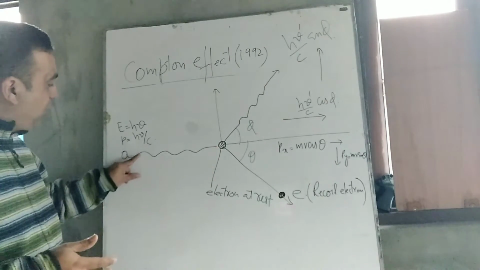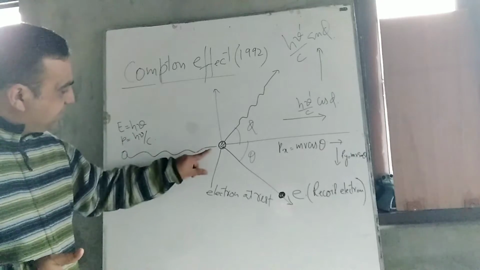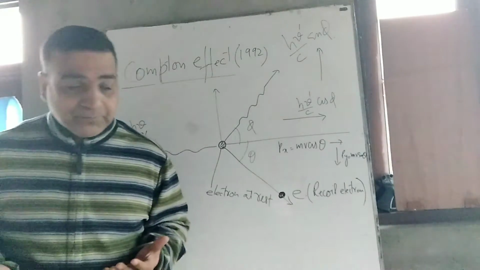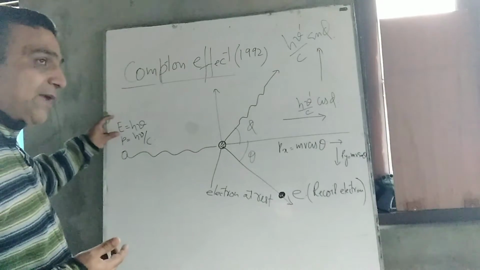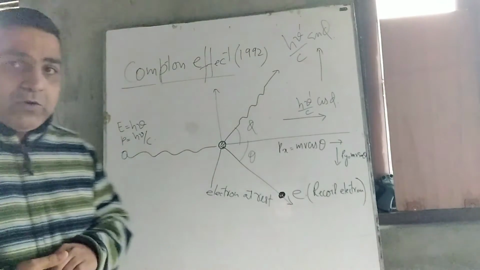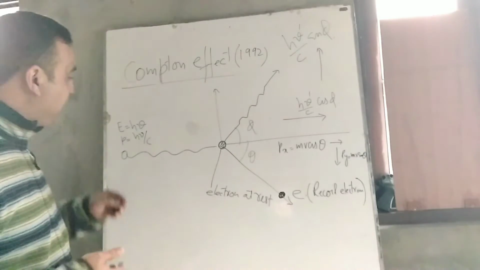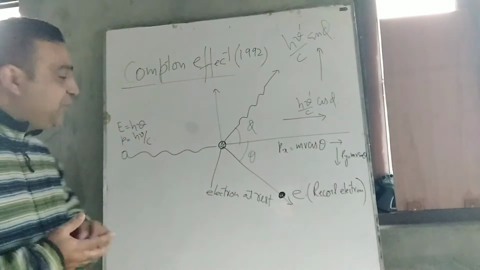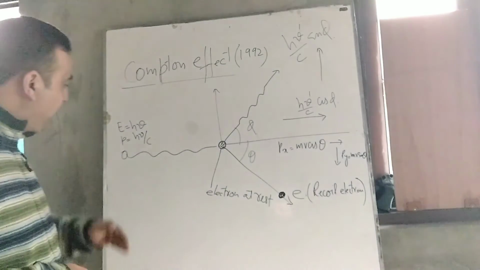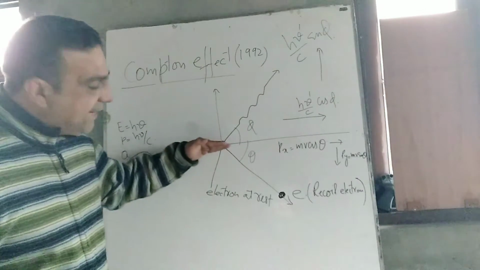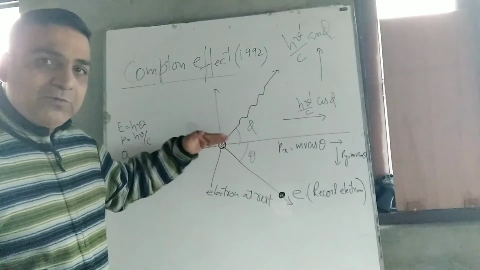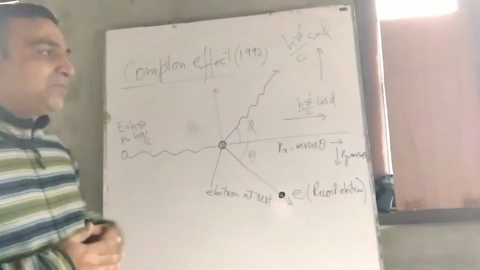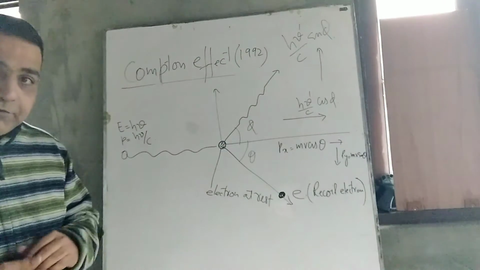So when this photon moves towards this electron, it will have some energy. So what will be that energy? That energy, in accordance with Max Planck, is E equals h nu, and it will have a momentum, and that momentum will be h nu by c. Now when this photon hits the electron, which is assumed to be momentarily at rest, there will be a transfer of energy.